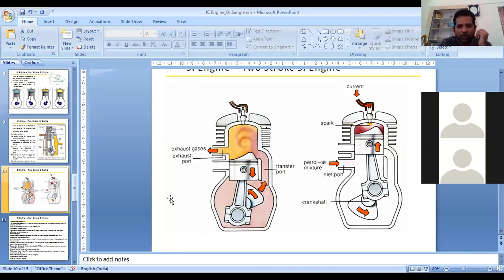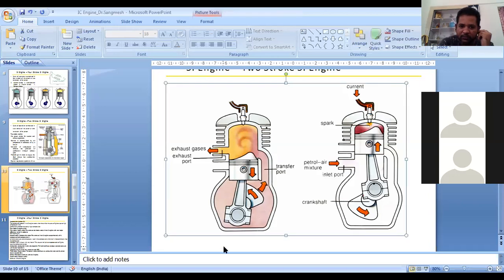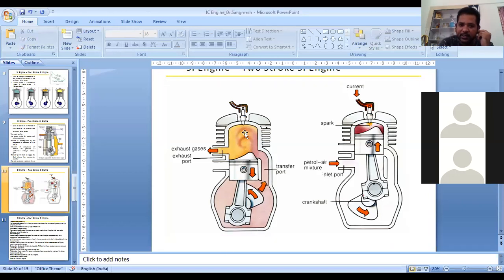As the piston moves from top to bottom, the power is liberated. I mean to say, the force is generated very robustly, and the power is produced at the same time.